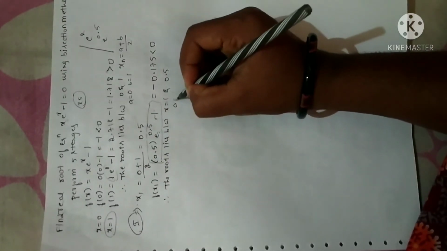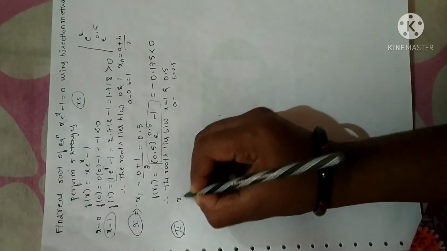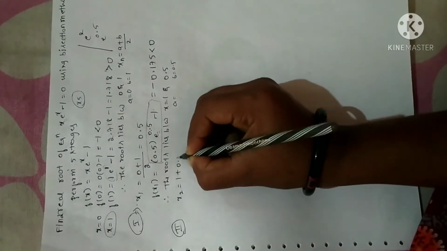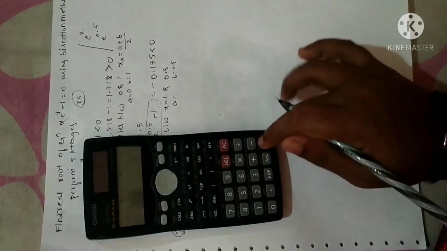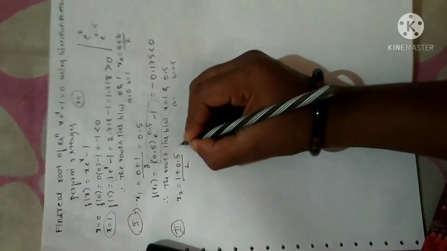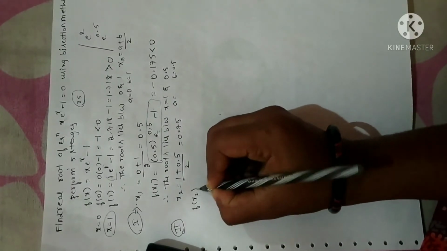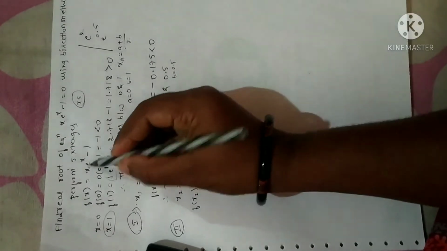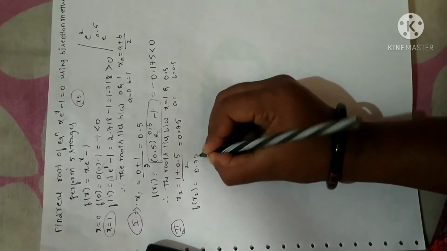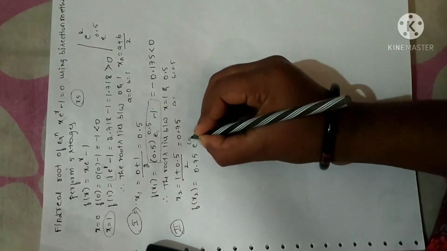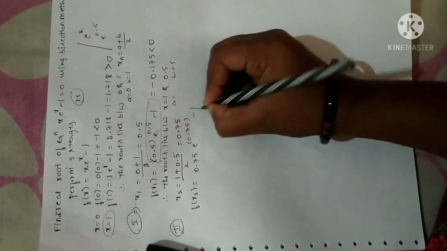Now let me take a as 1 and b as 0.5. So the second approximation, that is the value of x2, will be 1 plus 0.5 divided by 2, which is 0.75. Now let me calculate f of x2. Replace x with 0.75 in the given problem: 0.75 e power of 0.75 minus 1.